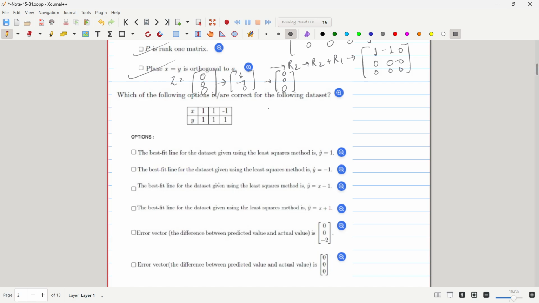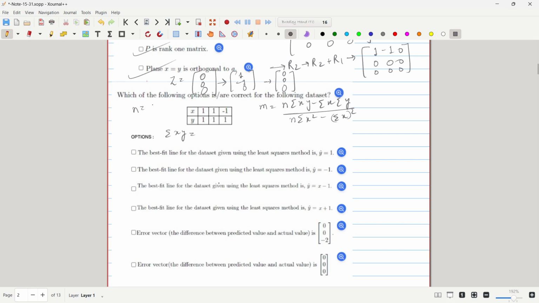We have to find the least square method. For finding m and c, m is n times summation of xy minus summation of x into summation of y, divided by n times summation of x square minus summation of x whole square. What is summation of x into y?